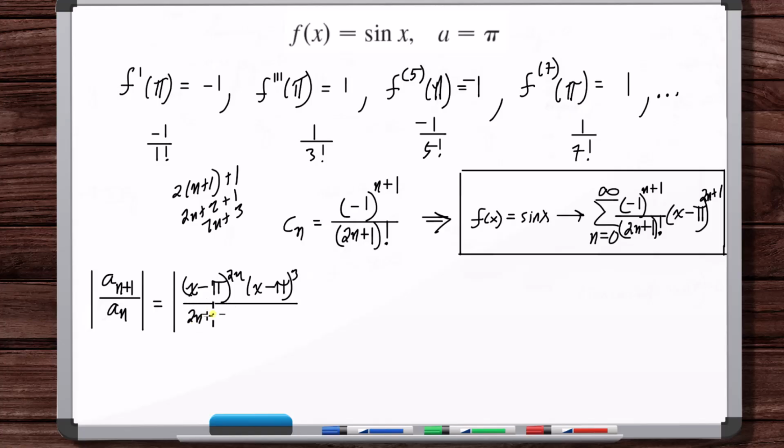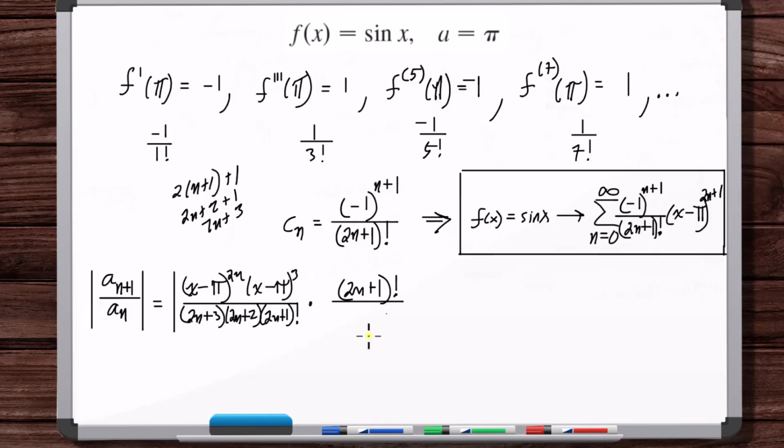So 2n plus 3, 2n plus 2, 2n plus 1 factorial. Then we've got 2n plus 1 factorial, and then x minus pi to the 2n. Oh, no, that's not right. x minus pi to the 2n plus 1.